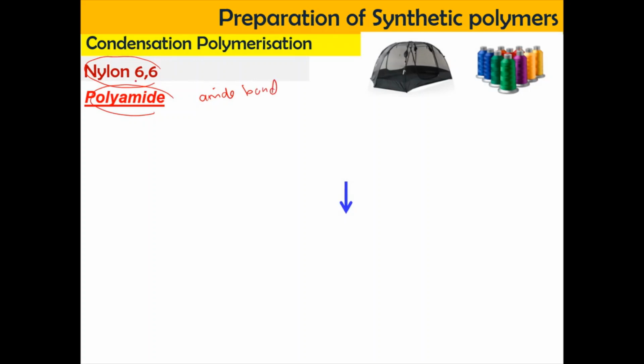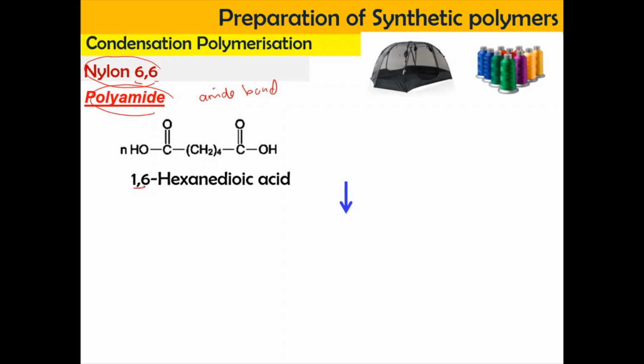So nylon 66 is produced from the reaction of the monomer 1,6-hexanedioic acid, where it refers to the 6 carbon chain, which is 1, 2, 3, 4, 5, and 6, where these 4 carbons refer to carbon number 2, 3, 4, 5, and at the end here refers to carbon 6. So the carboxyl group is attached at carbon number 1 and at carbon number 6.